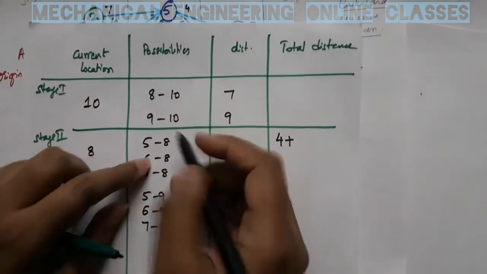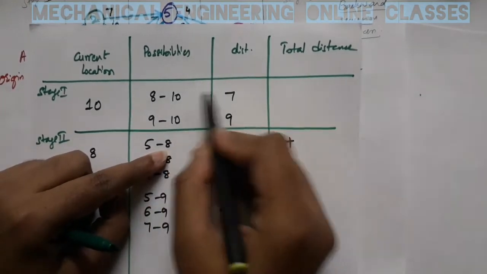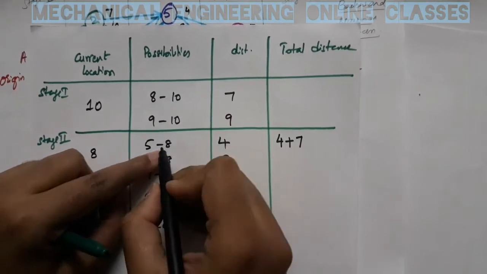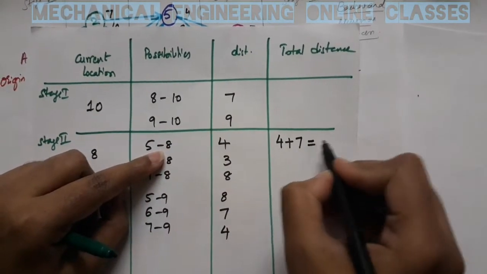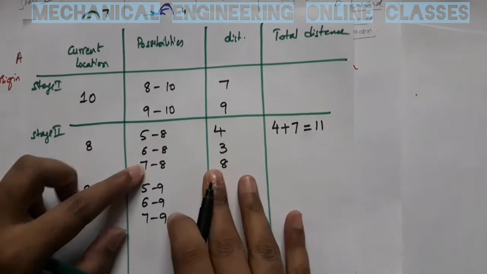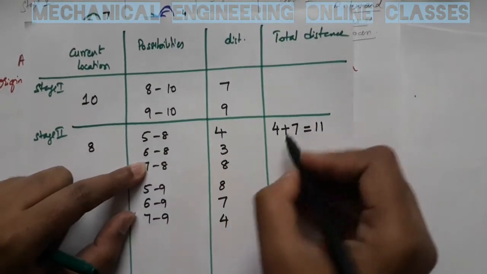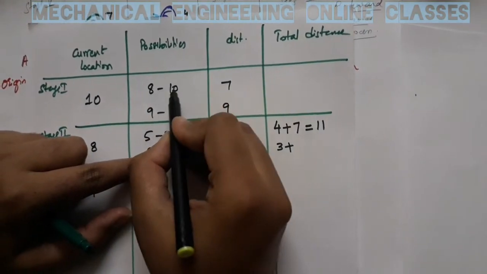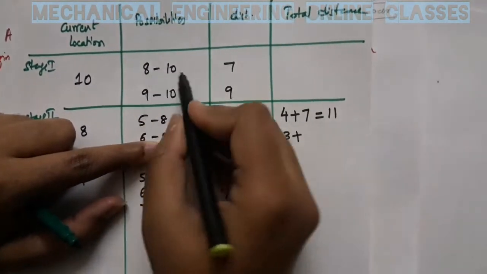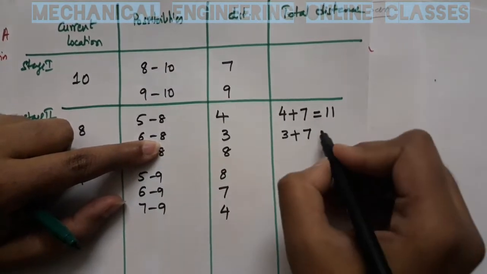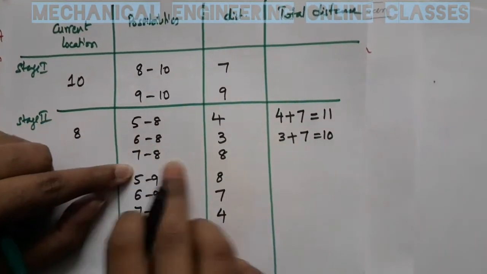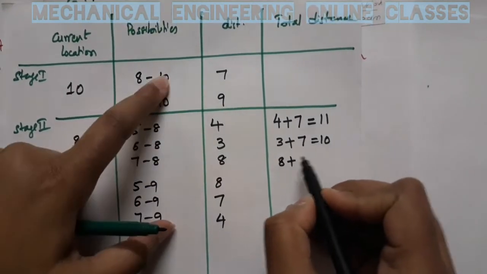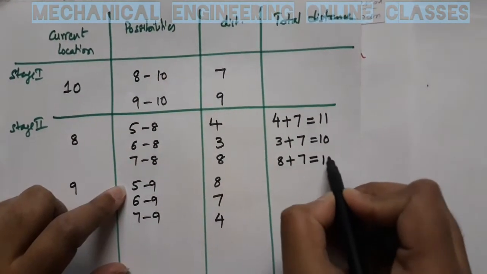So 5 to 8 is 4 and 8 to 10 is 7. So the total distance is 11. Similarly, 6 to 8 is 3 plus, from 8 I can go only to 10, which is 7. So this will be 10. Similarly, 7 to 8 is 8 plus 8 to 10 is 7, which is 15.